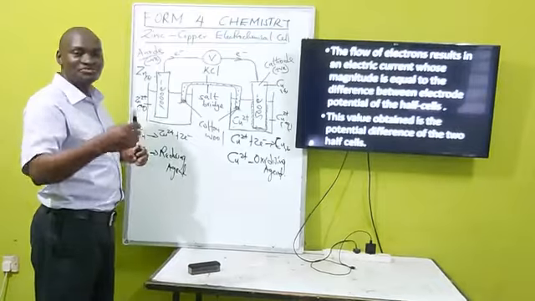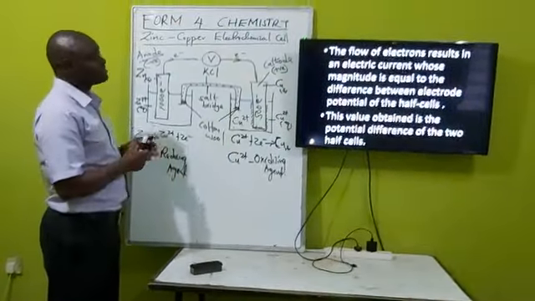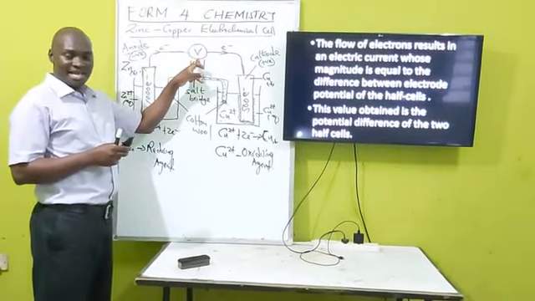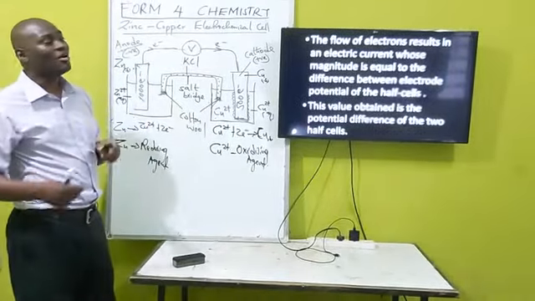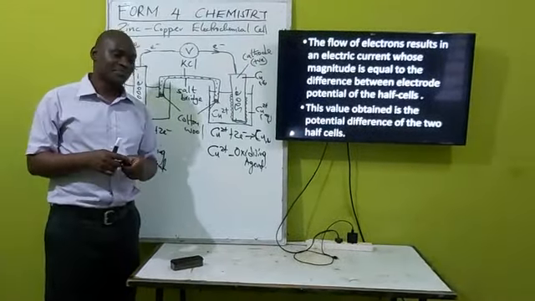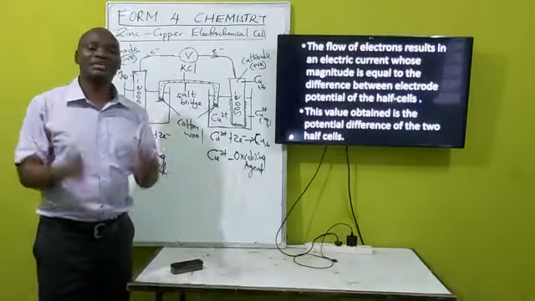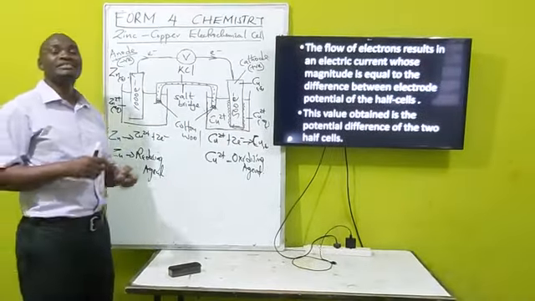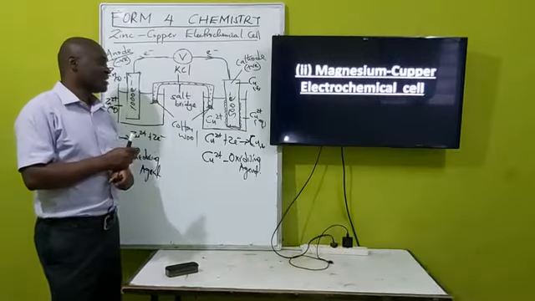Whenever electrons flow, there is also flow of electric current. But now, the magnitude of the voltage recorded here will be equivalent to the electrode potential of the half cells. So what is obtained here is the electrode potential of the two half cells.